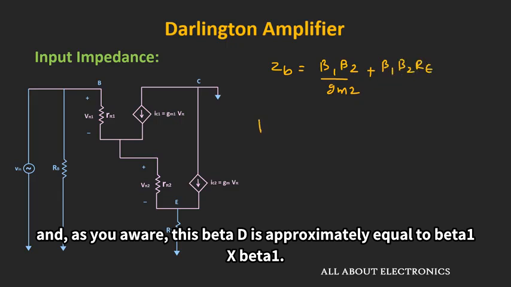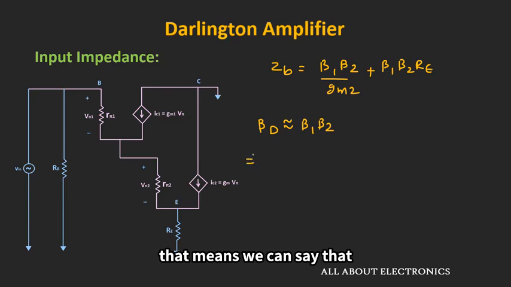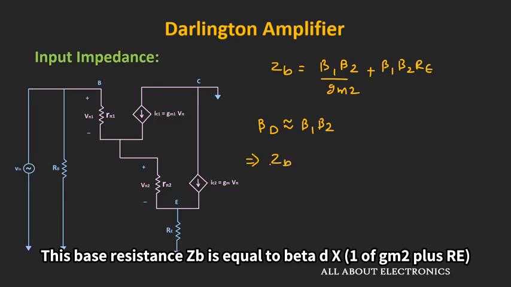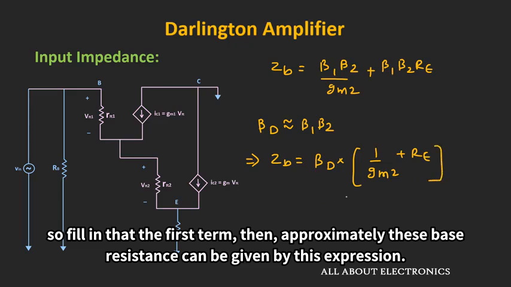And as you are aware, this beta D is approximately equal to beta 1 times beta 2. That means we can say that this base resistance Zb is equal to beta D times 1 over Gm2 plus Re. So if we neglect the first term, then approximately this base resistance can be given by this expression.